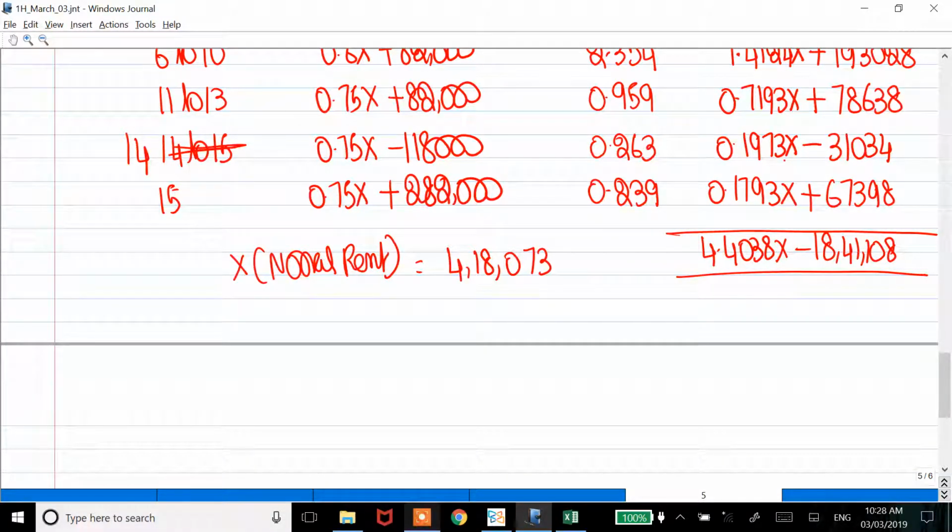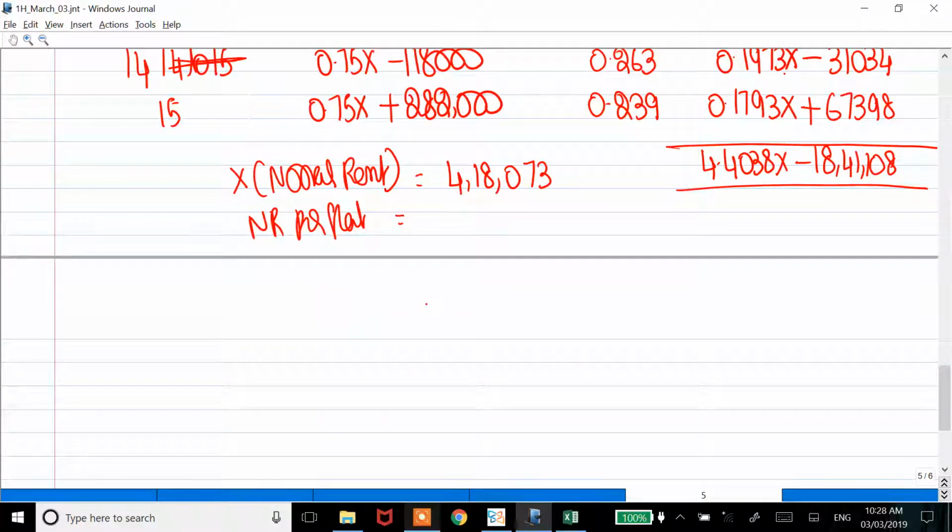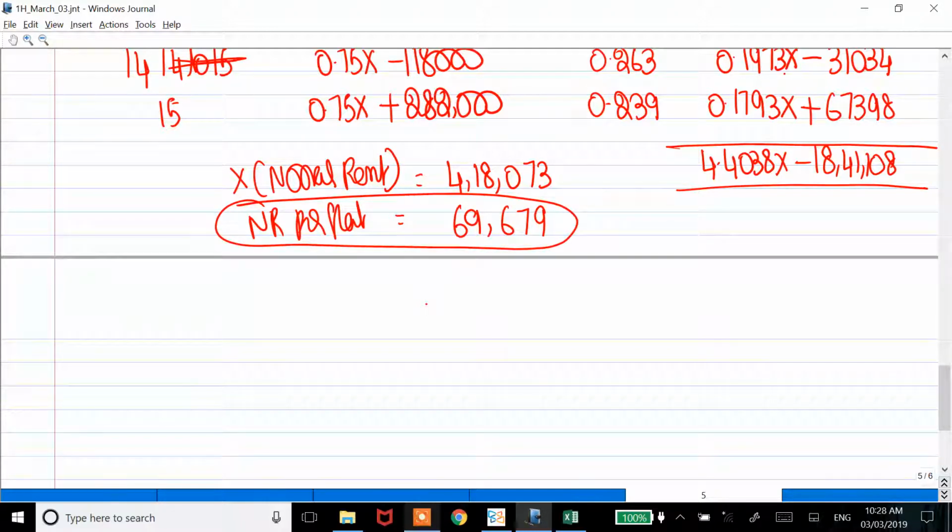So finally, normal rent per flat: 4,18,073 divided by 6, 69,679. That's going to be the normal rent per flat.